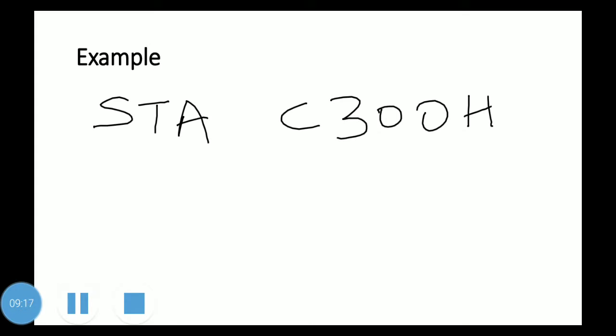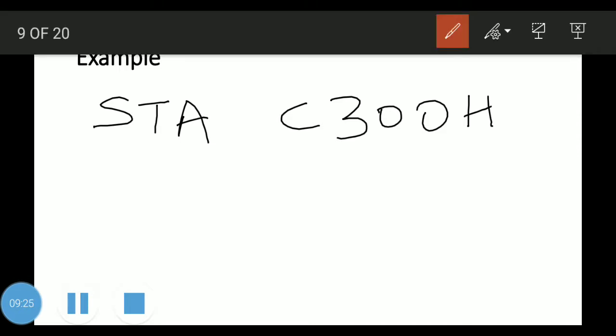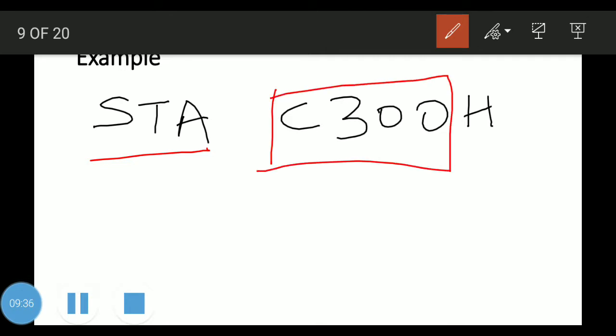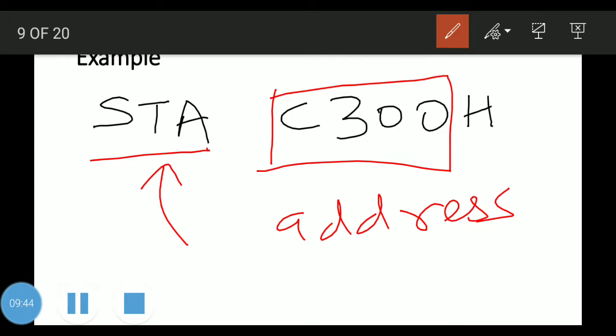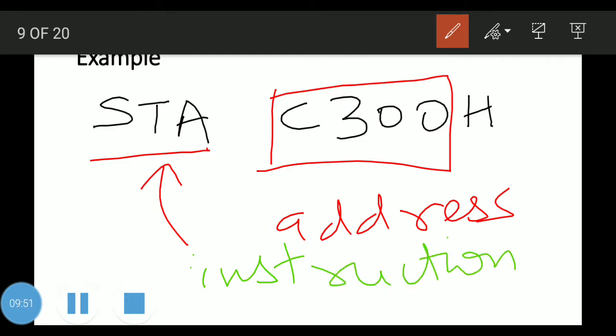Now this STA is your instruction, and this C300H is the address. Clear? We have the address and the instruction both. The address is specified in the instruction. That is why this becomes a direct addressing mode.